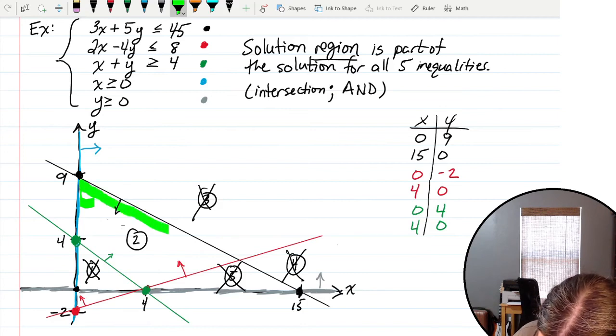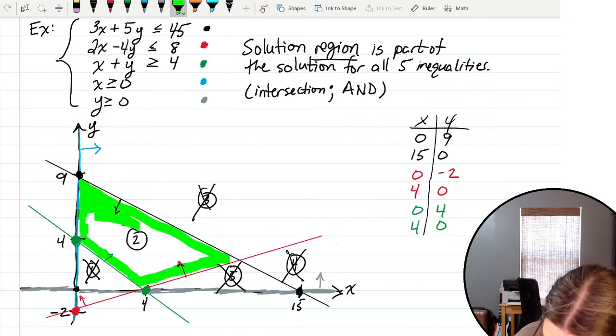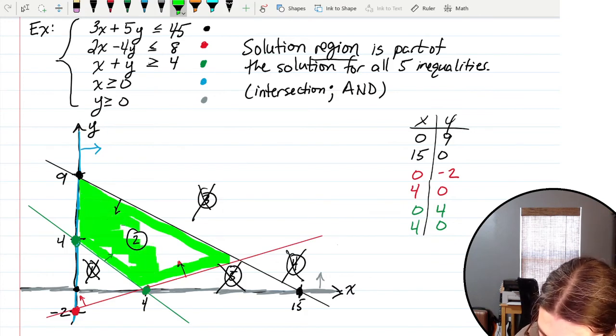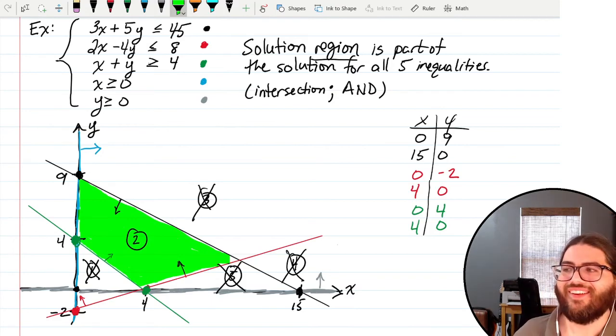I'm not going to be too OCD about this. I will be a little bit OCD. There we go. Now that the boundaries are drawn, it's easier to shade in the boundaries. I always say the kindergarten colors will feel my pain, right?